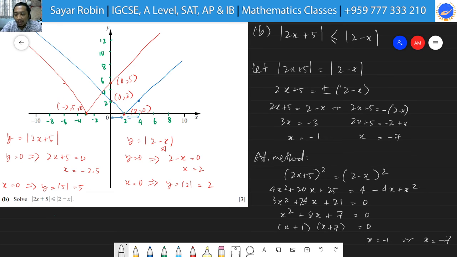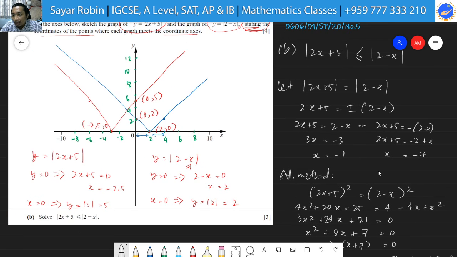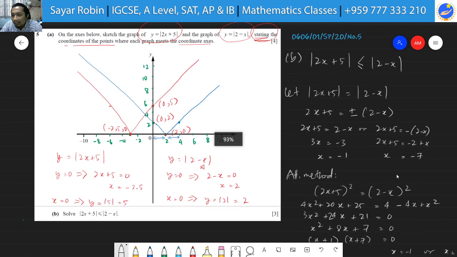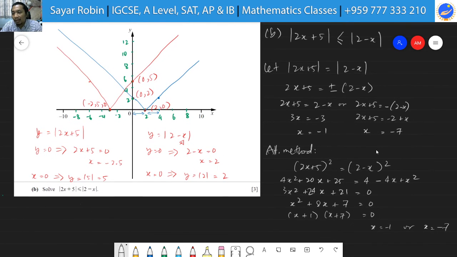Now you have the correct answers. Any method you like. After that, we think about the inequality, less than or equal. Not equal. We just need to find the values of x, or the points of intersection.